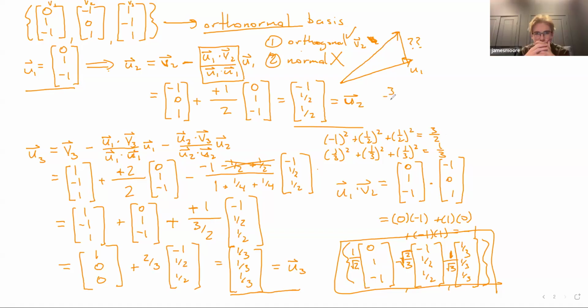That means that 3 halves is equal to the distance squared. So the distance is equal to radical 3 over 2. But then I want to divide every one of those components by radical 3 over 2. That's why I have the reciprocal here. The reciprocal is equivalent to 1 over this.